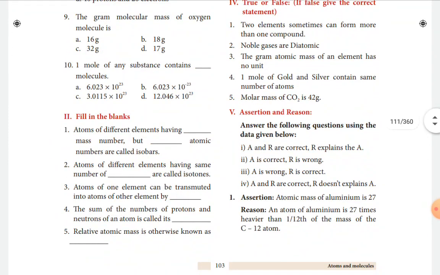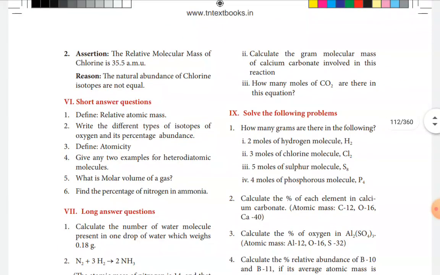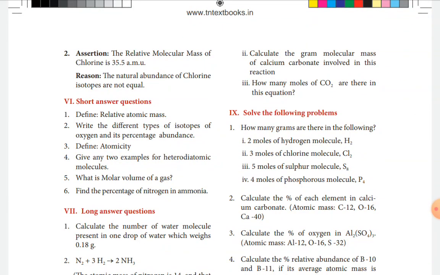Suppose in the 2-mark questions it is given: define relative atomic mass. What is relative atomic mass? You have to write the answer. Define atomicity: the number of atoms present in a molecule of an element.